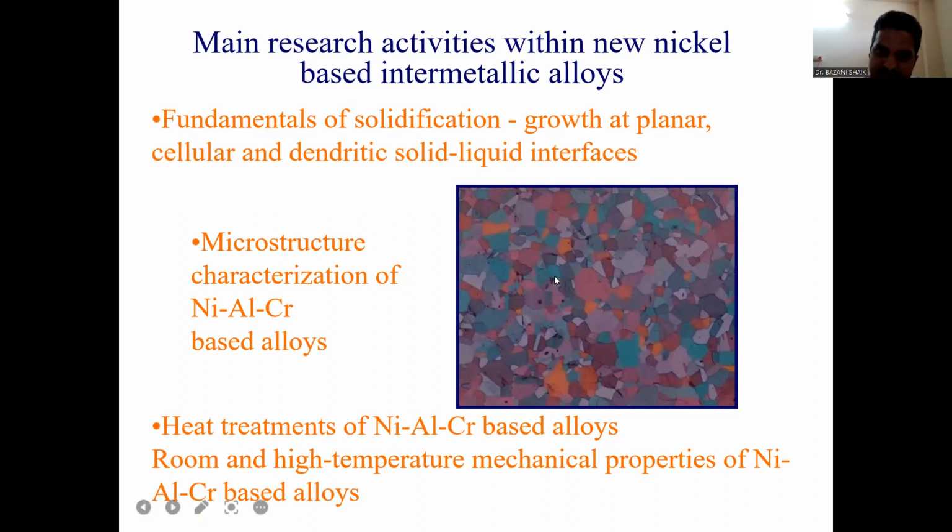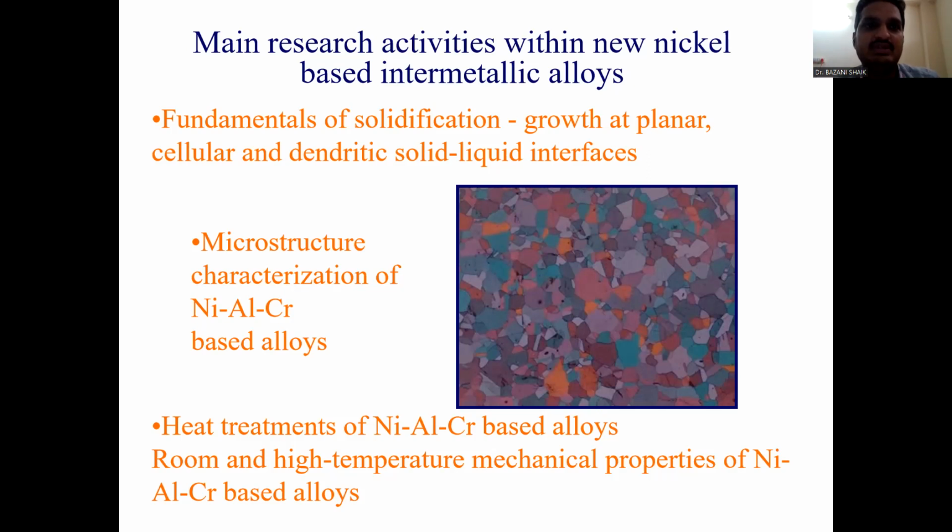You can observe the structures, how they will be helpful, and what different conditions are applied, which is very important. These conditions apply when we discuss maintaining surfaces or improving strength, and how they are essential for different applications. In these new nickel-based alloys, the main research is going on for applications like aircraft, aerospace, or any other industries.